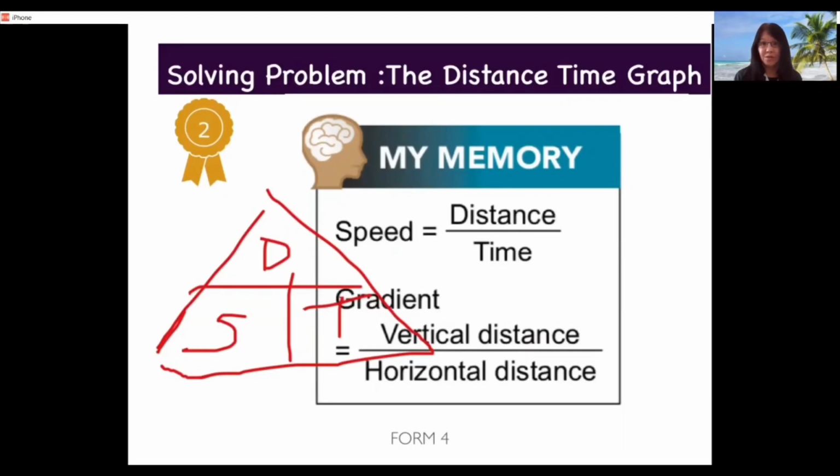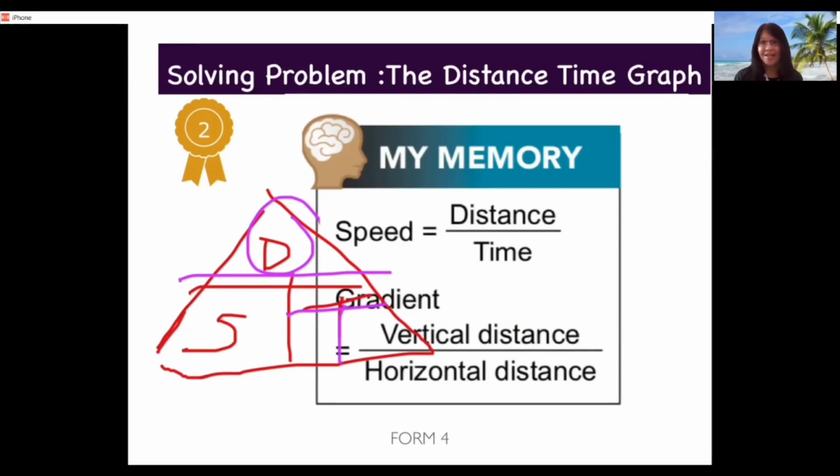The D here represents distance, the S represents speed, and the T represents time. So speed is equal to distance over time. When the teacher mentioned who likes to sleep, it actually means the teacher wants you to memorize the formula using the triangle. It doesn't mean that you like to sleep in the class.